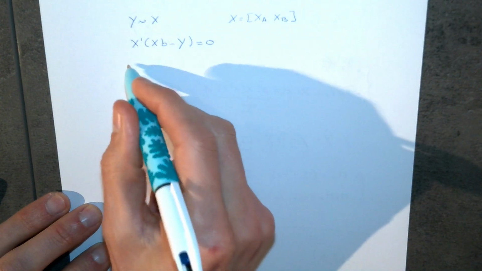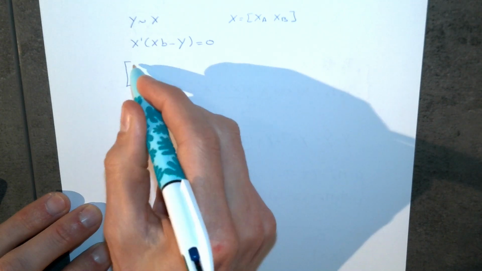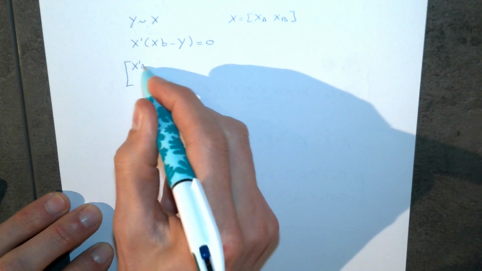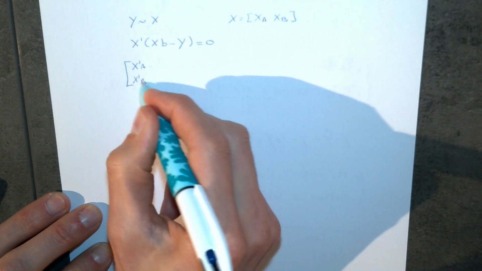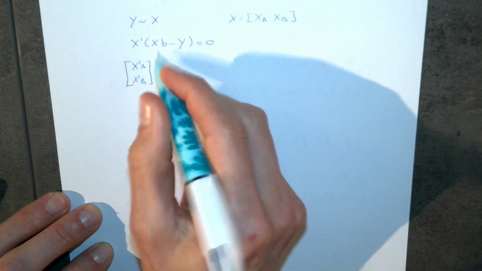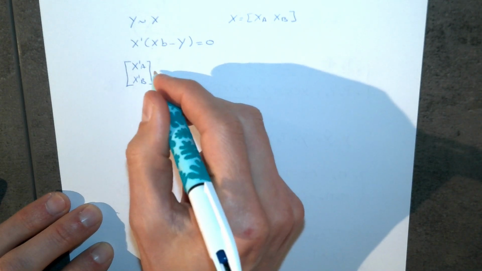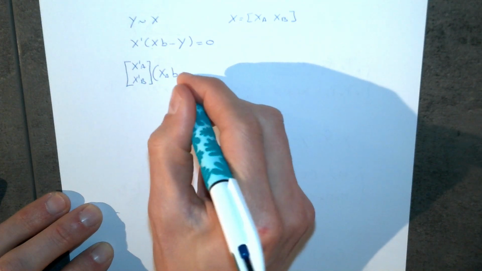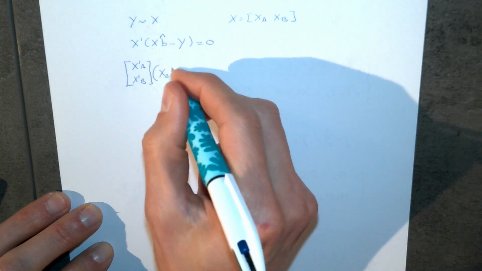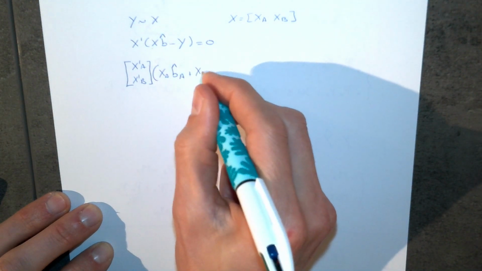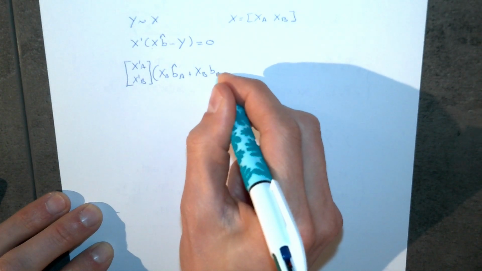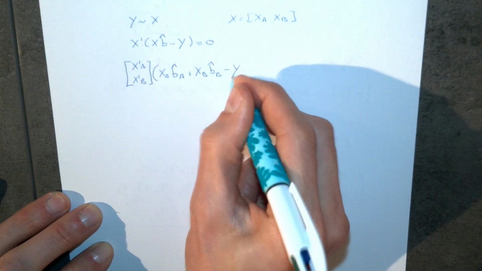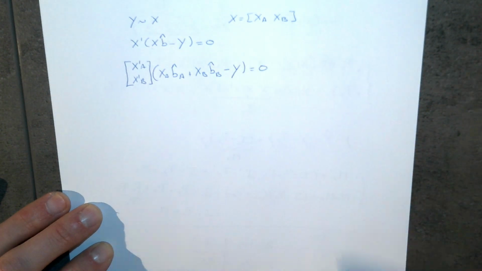So x prime, basically, is the matrix x prime a on top of x prime b, and then x times b hat is equal to xa times b hat a plus xb times b hat b, minus y is equal to 0.